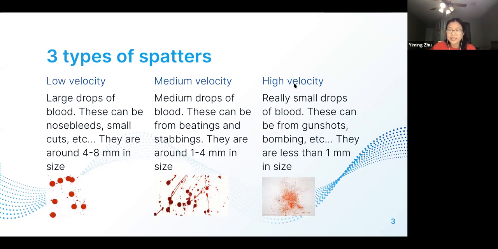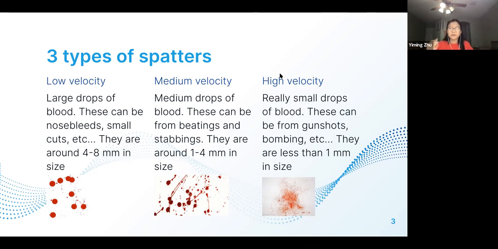And then high velocity, these are really small drops. You guys know the aerosol hairspray, or disinfectant? So imagine you have some, I'm going to say red food coloring, not blood, just because you have a whole can of it, it's slightly odd.